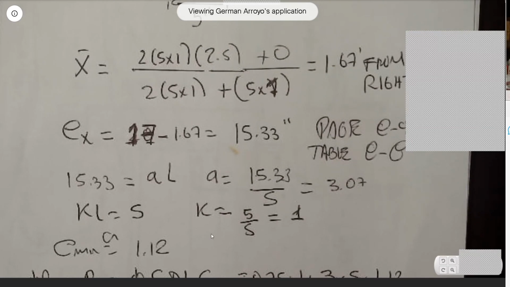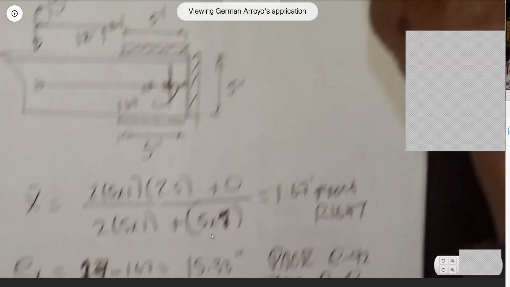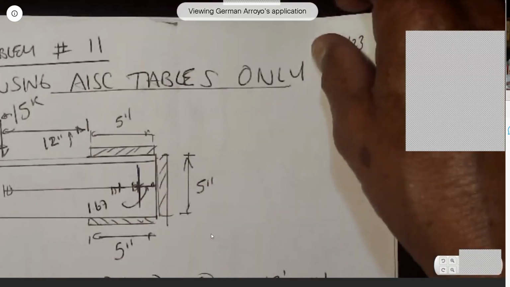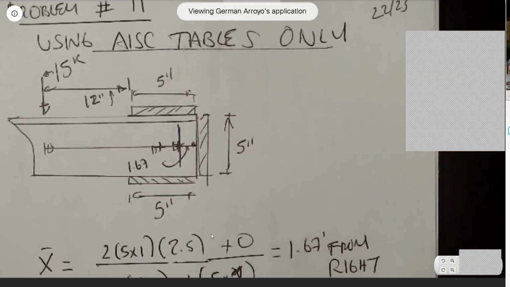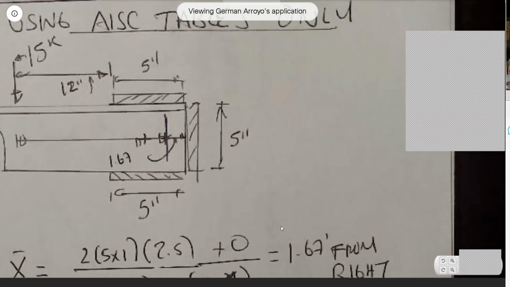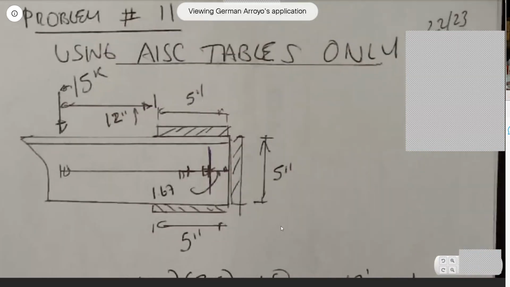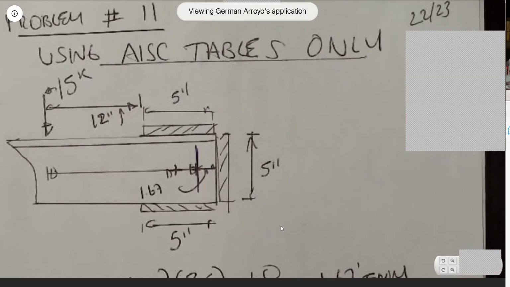Okay, this is an interesting question. Look, the question is why we cannot use the x-bar from the single angle. And the answer again is we are not doing anything with the angle. We're looking at this group of weld.